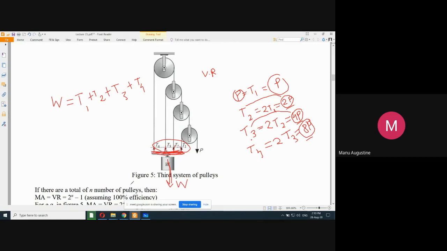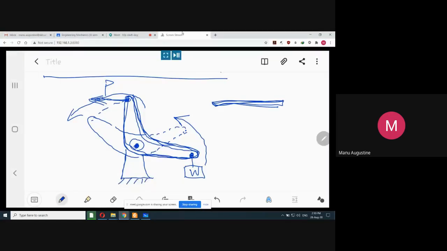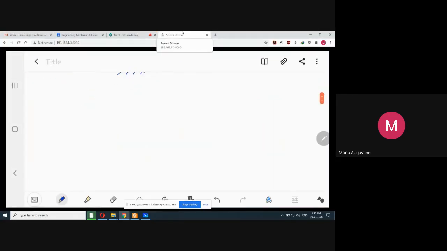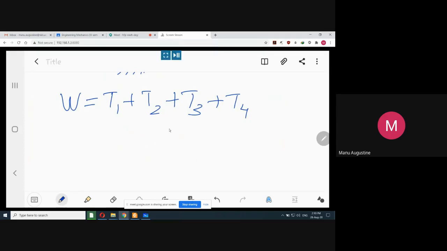Now, for the sake of my writing simplicity, let me take to the other screen. अब यहां से मैं कंटिन्यू कर रहा हूं, यहां तक तो अपन आ गए थे that W is equal to T1 plus T2 plus T3 plus T4. Now we substitute the values of these tensions from our figure.